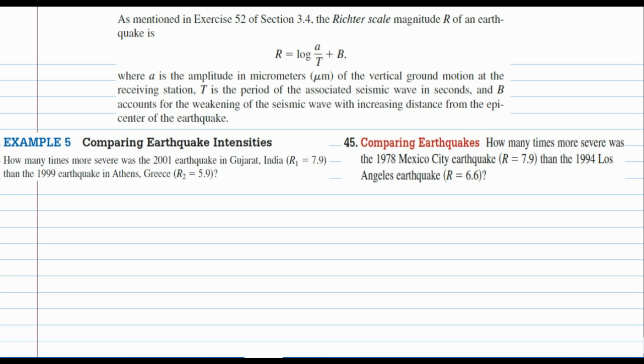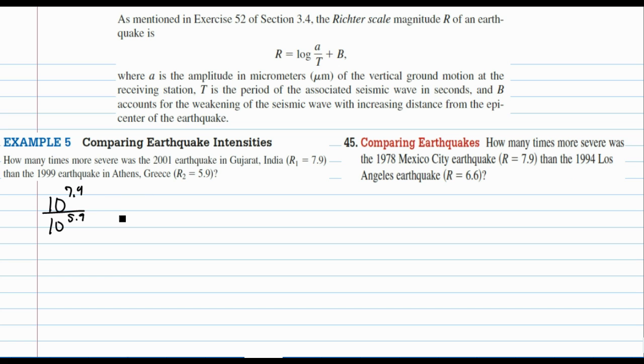Well, let's see. Since I know that the Richter scale reading comes from a common log, I know that this is an exponent of 10. Remember, logs find exponents, and the exponent it's finding is of base 10. So if I'm going to find how many more times severe something is than another, I really want 10 to the 7.9 divided by 10 to the 5.9.